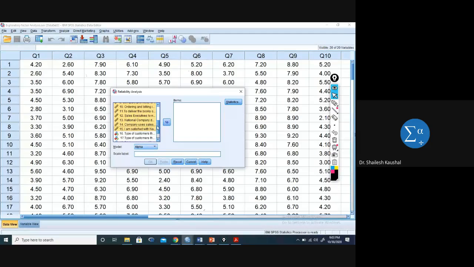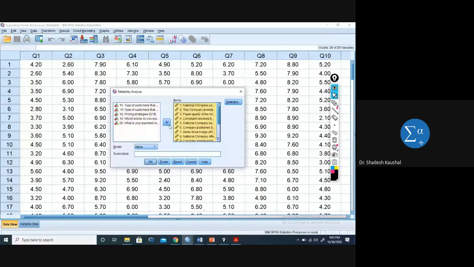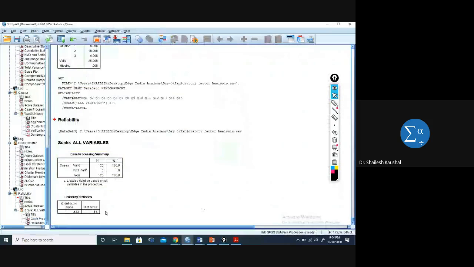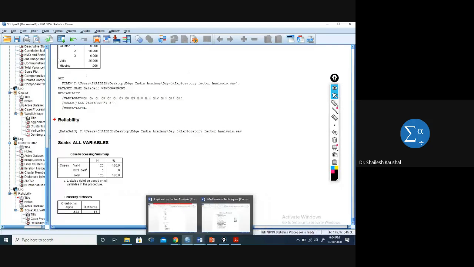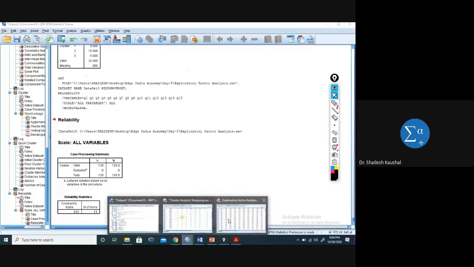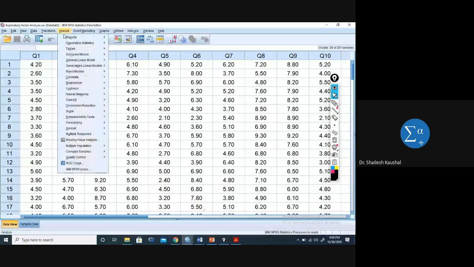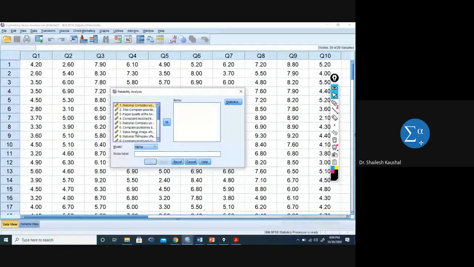So I'm taking the 15 questions here, and alpha, and okay. And what is the value here? The Cronbach alpha is 0.632, which is not desirable. At least the Cronbach alpha should be greater than 0.7. And similarly we can take 4 or 5 questions as a scale.